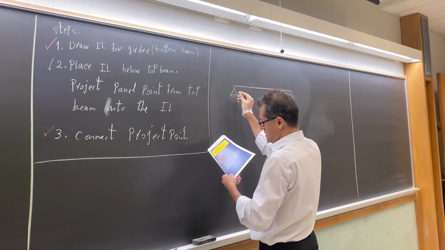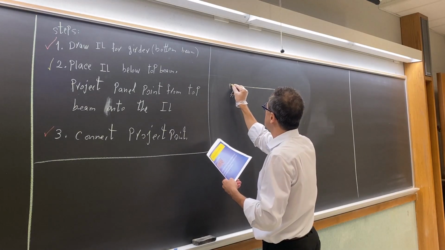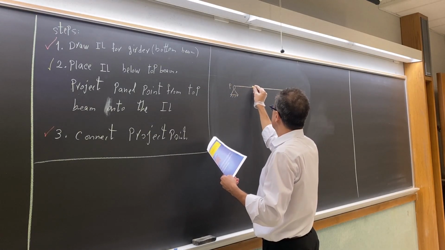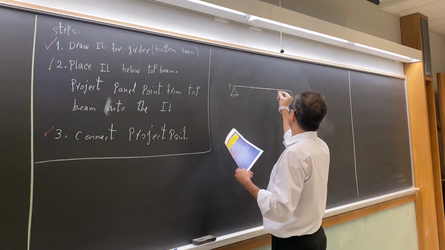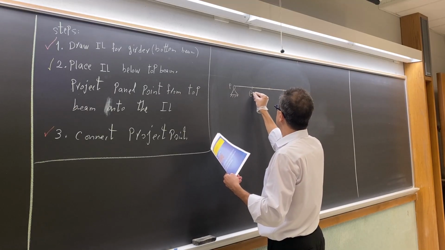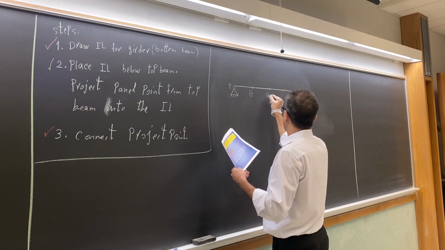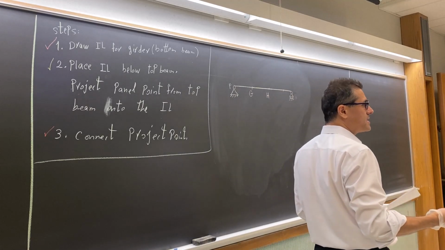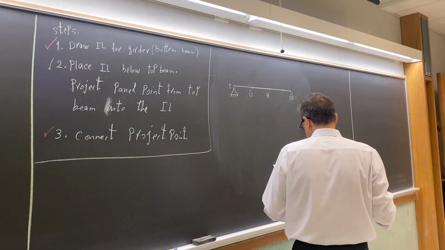This point is F, G, H. Try to draw it to scale, because later if it is not to scale, it's confusing.